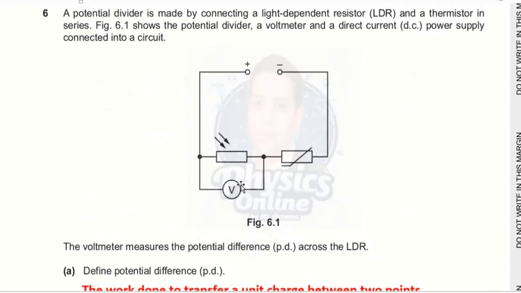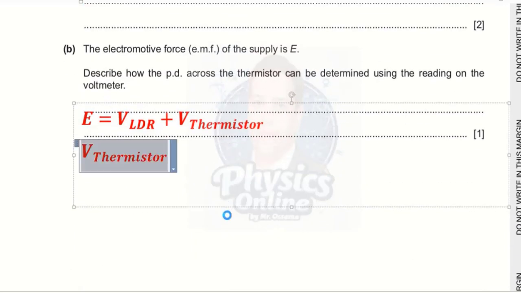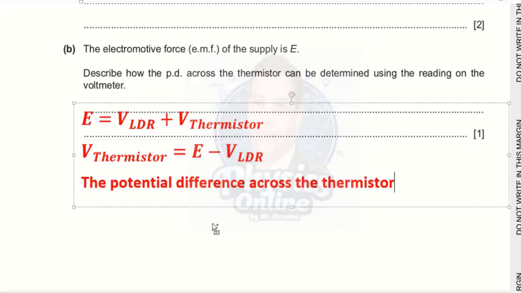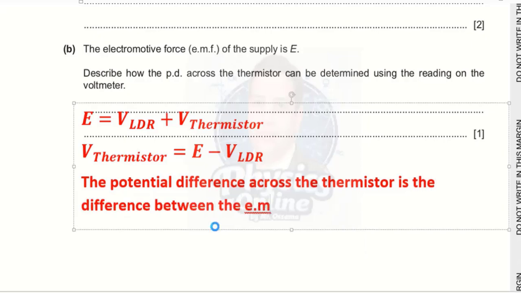If we know from the voltmeter the potential difference across the LDR and the EMF, we can find the potential difference across the thermistor equals E minus V LDR. The potential difference across the thermistor is the difference between the EMF and the reading on the voltmeter.